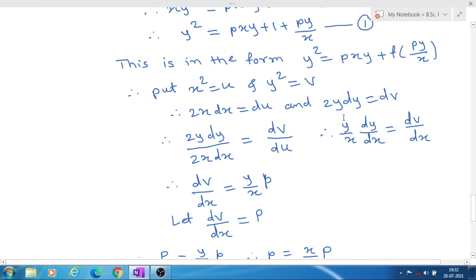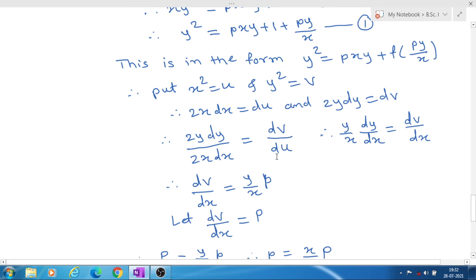Now we divide the second equation by the first equation. Therefore 2y dy divided by 2x dx is equal to dv divided by du.